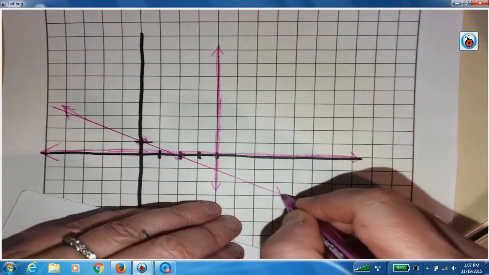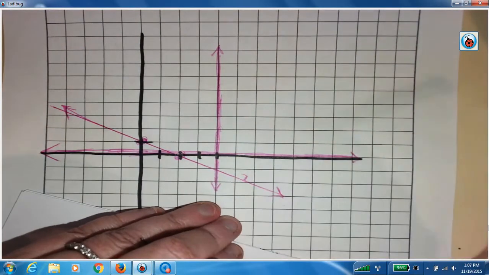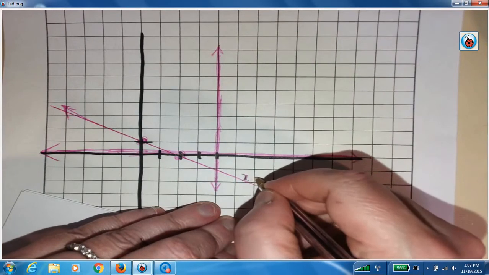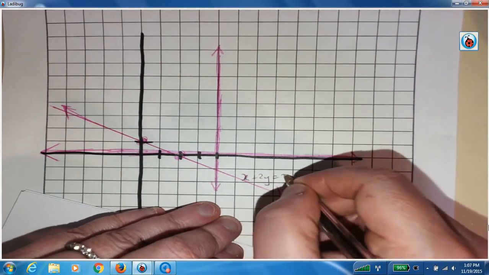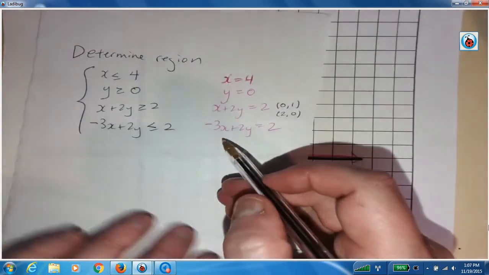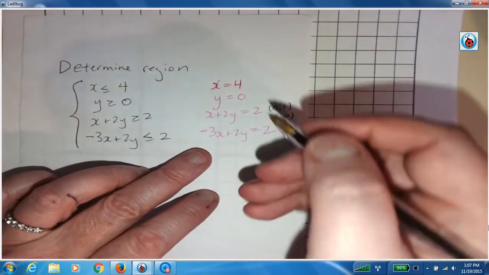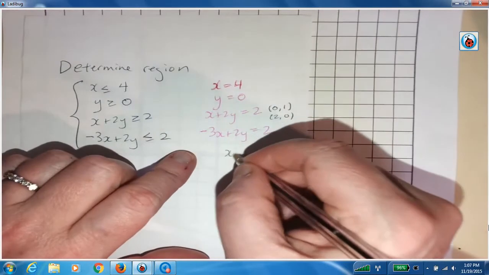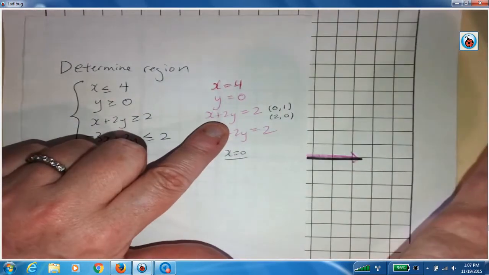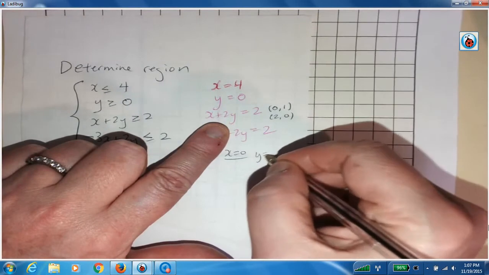Okay. So this is the line x equals 4. I'll draw it in black. This here is the line x plus 2y equals 2. And then I've got a new line, negative 3x plus 2y equals 2. Well, if x is 0, then this equation becomes 2y equals 2, and so y is 1.